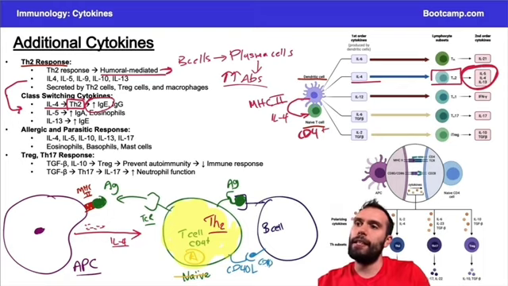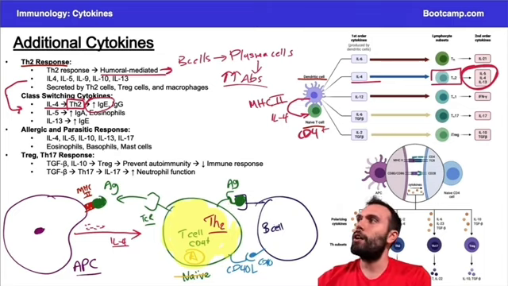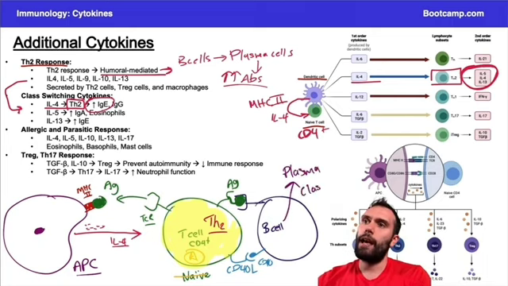And this CD40 ligand binding, with the B cell receptor carrying the antigen binding to this T cell receptor, is going to cause this link up to eventually lead to this B cell undergoing class switching and potentially forming a plasma cell.